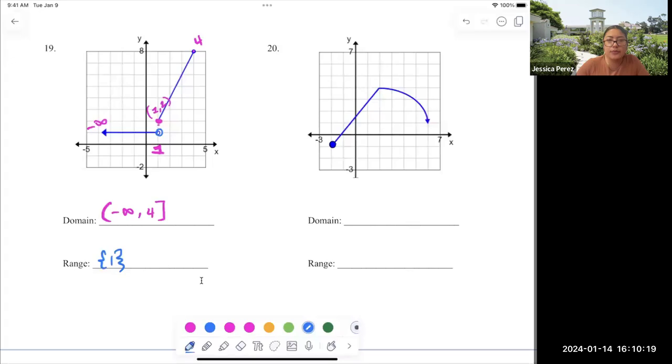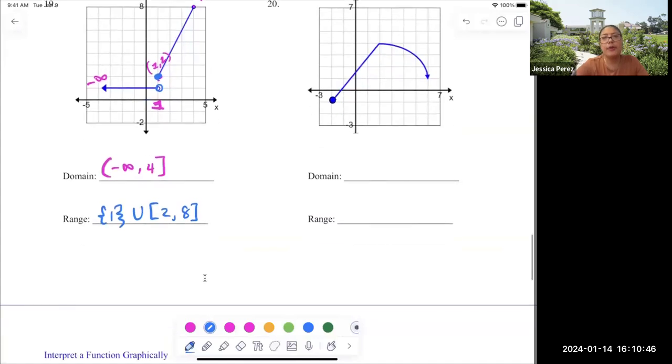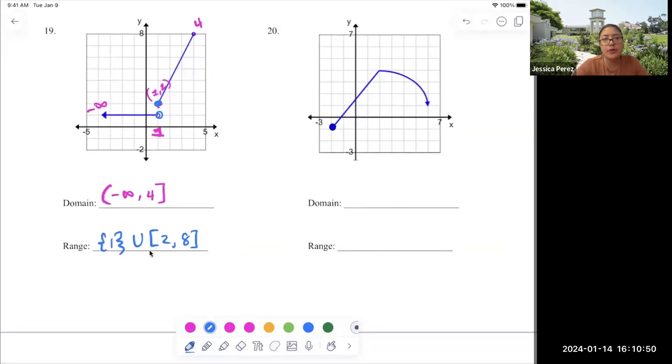So see how the 1 is just going to be by itself, and then union 2 to 8, because it's different. So when it's an open dot, but it doesn't have anything else, right? My y value, the lowest y value is 1, then it jumps to 2, from 2 to 8. Remember, I'm looking at the y value. So that is the domain and the range.